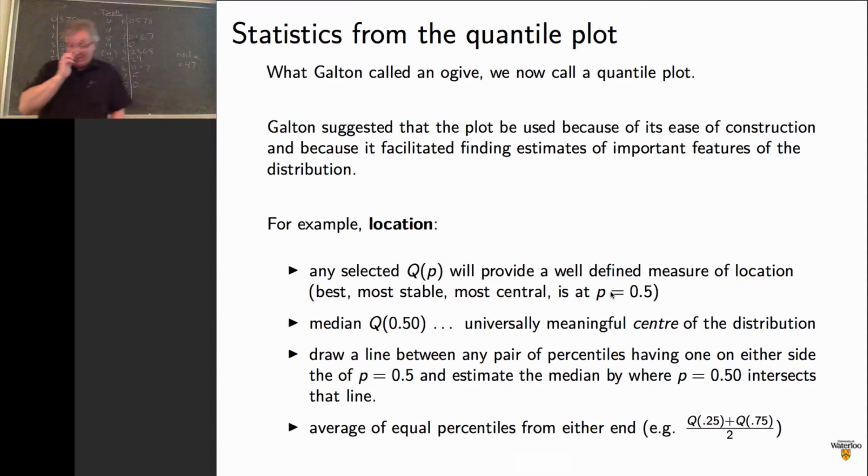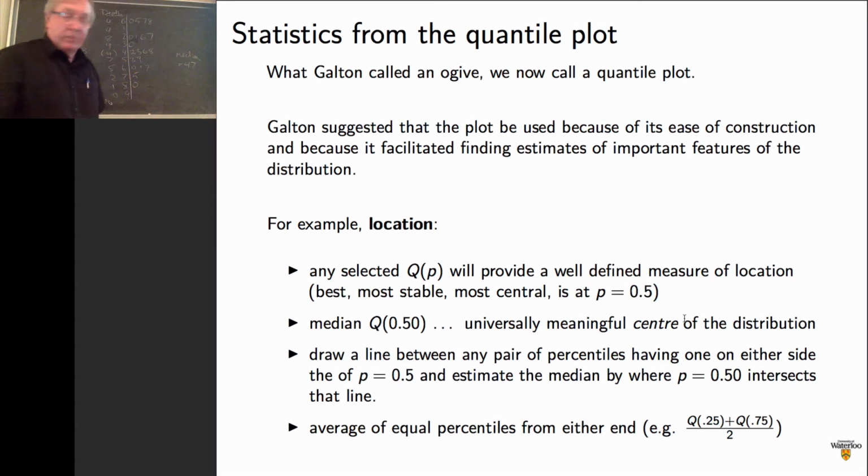So what he calls an ogive, we now call a quantile plot. And he suggested it because it's so easy to construct. Exactly in the same way, you just order the individuals and measure them, and you can go in so many percentage points and find the value. So if you want an idea of where these people roughly are, the 50% point, you just have to find the value of the quantile at p equals 0.5.